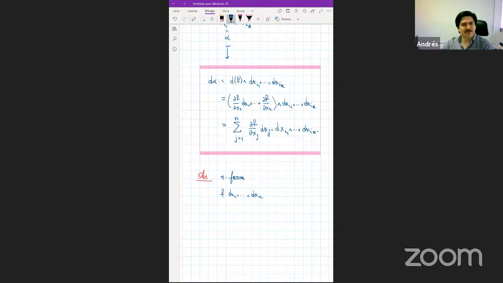I cannot have many of them, right? f is a smooth function like this. So it's not f_i and all the rest, only one function.